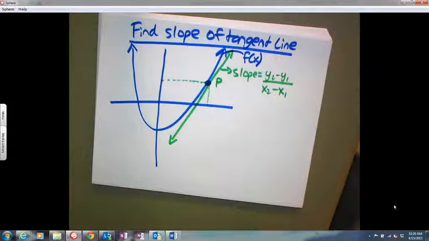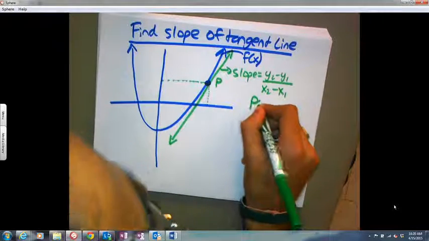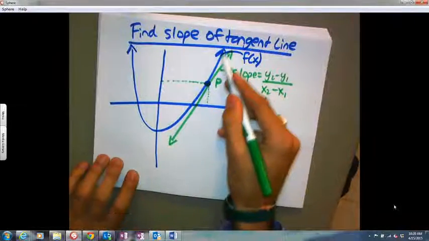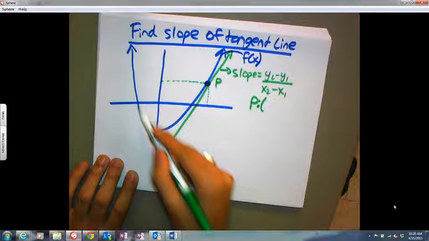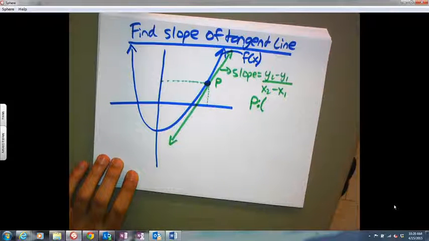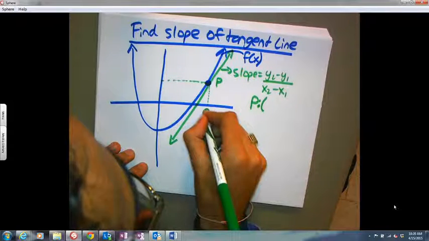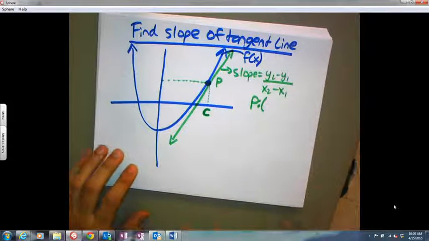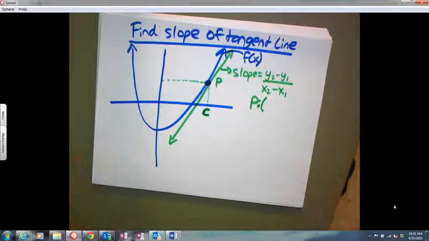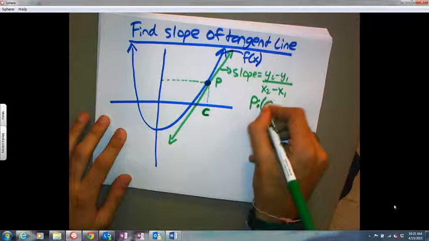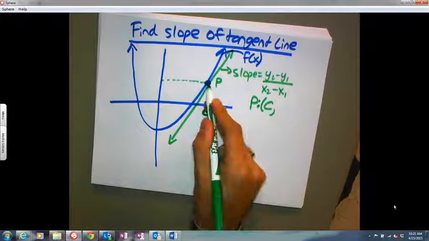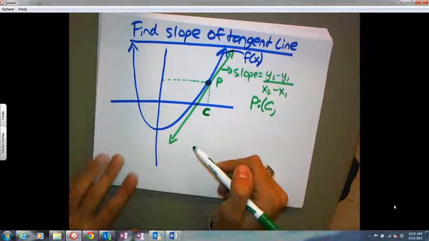So what do we know about point P? Well, we know point P is on the original graph. We don't know what the x-coordinate is. Maybe it's 12, maybe this is 11, maybe it's 8. So I'll just call it C. Some point. We don't know what it is. The x-coordinate is C. The y-coordinate, I would take C and just plug it into this equation.